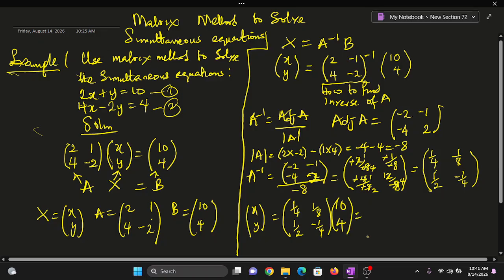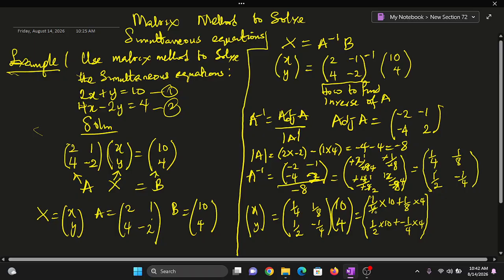So that means you multiply the row with the column, which is 1 over 4 times 10 plus what? 1 over 8 times 4. We have 1 over 2 times 10 plus minus 1 over 4 times 4.